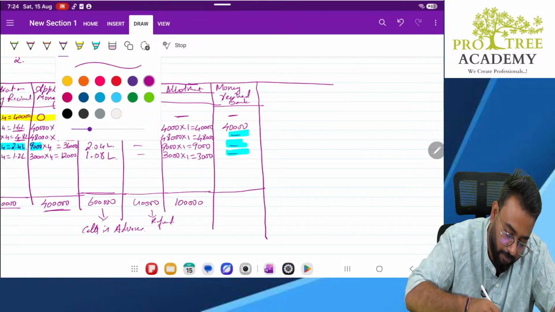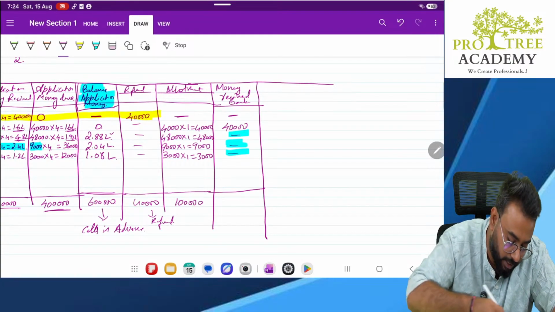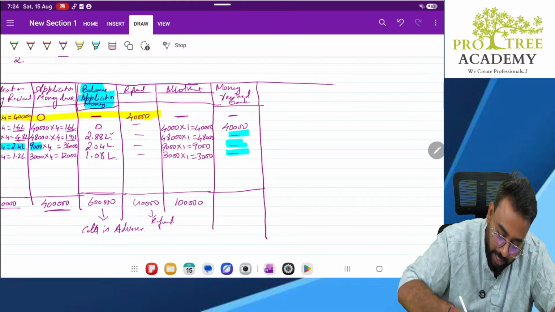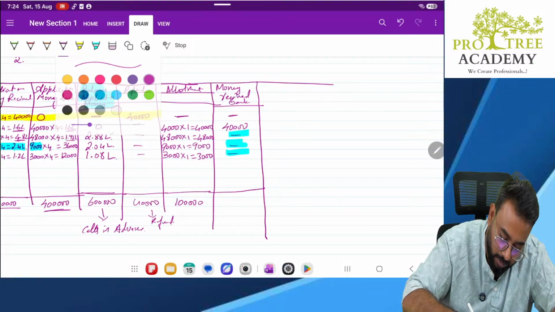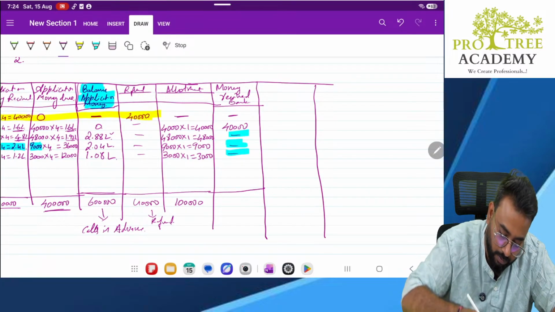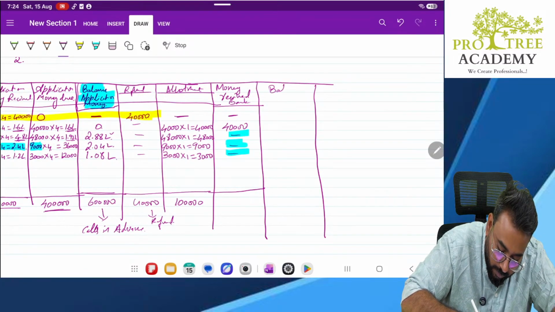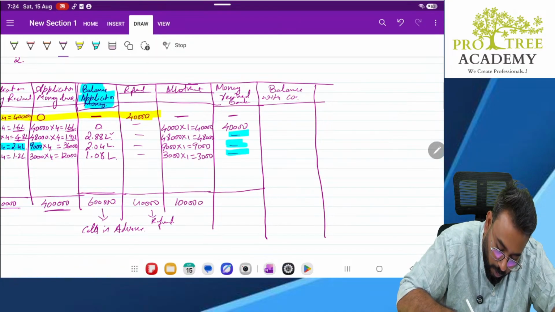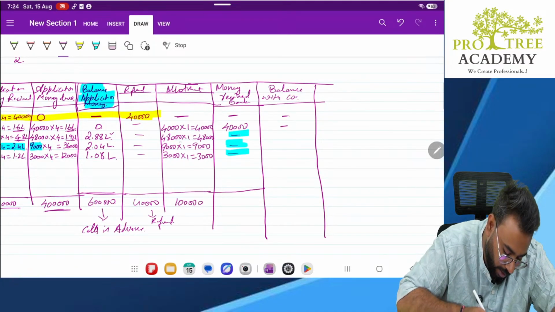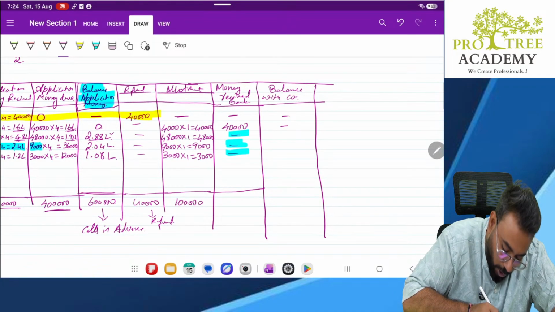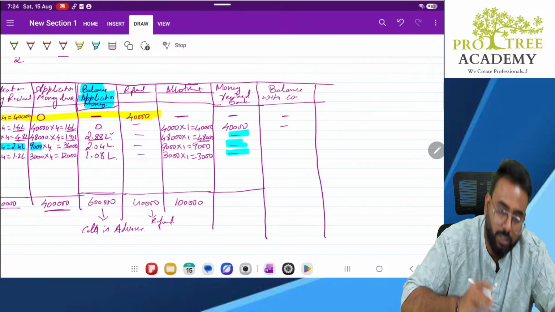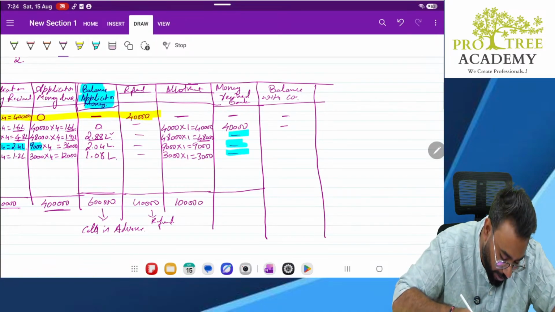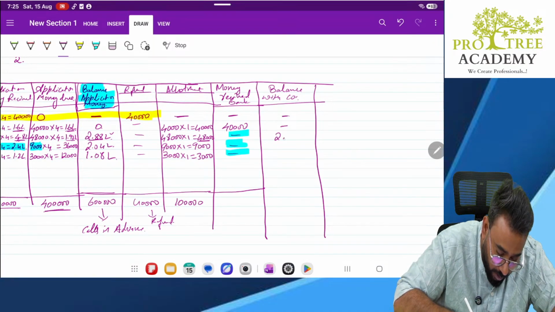Okay. Now, after adjusting against this allotment, what is the balance still remaining? Here, no balance. Here, no balance. Here, what was the balance remaining? 2.88 lakh. Out of this, 48,000 will be adjusted against allotment. So what will remain? 2.4 lakhs.